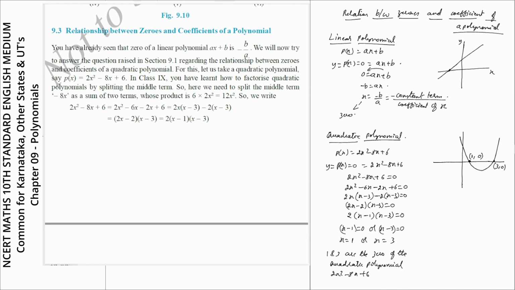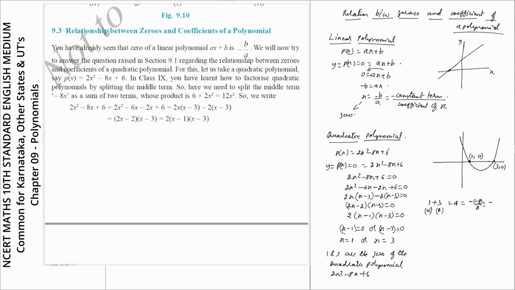Now I'll add the zeros, that is 1 plus 3. 1 is one of the zeros and 3 is the other zero. I'll consider them as alpha and beta. If I add the zeros, 1 plus 3 is equal to 4. 4 is also equal to minus 8 by 2.